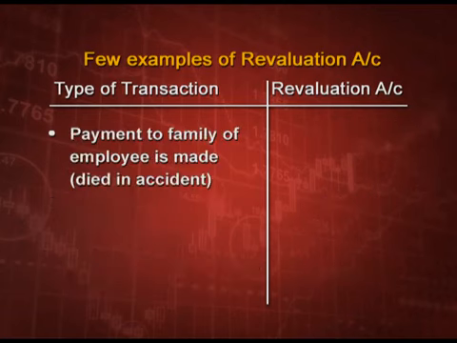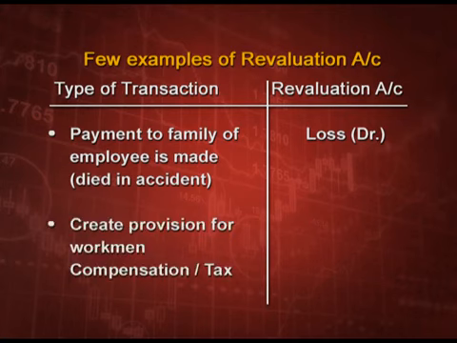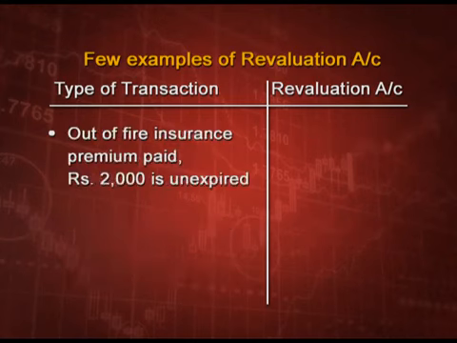Now, if the payment to the family of an employee who has died in an accident is made, this is a loss and it will be debited to the revaluation account. Now, if we have to create a provision for workman compensation or provision for tax, this is a loss. It will be debited in revaluation account. If out of fire insurance premium paid, 2000 is still unexpired, unexpired means prepaid.